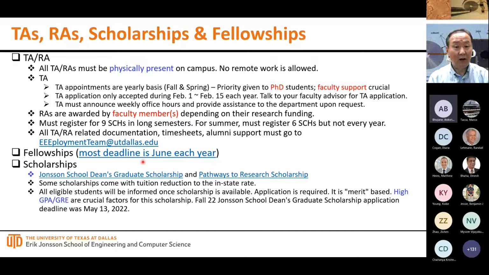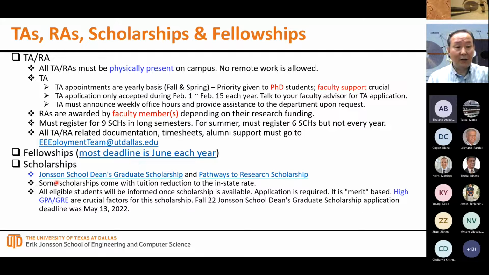So there are a good number of fellowships available. But once again, this is merit-based, nothing is need-based. No need is considered in this selection, so your academic excellence is very, very important. Once you join us, show your good academic excellence, and definitely consider applying for fellowships and those kinds of things.